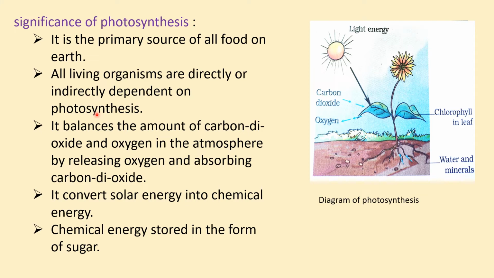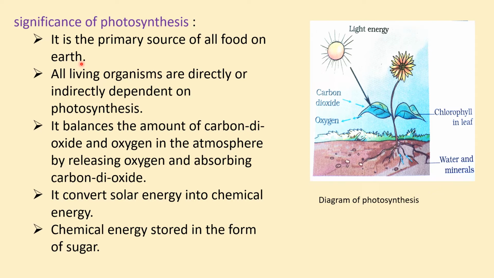Now we learn about the significance of photosynthesis. Why photosynthesis is necessary, or what the importance of photosynthesis is, we learn here. It is the primary source of all food on the earth. Obviously, autotrophs can make their own food and heterotrophs can't make their own food.